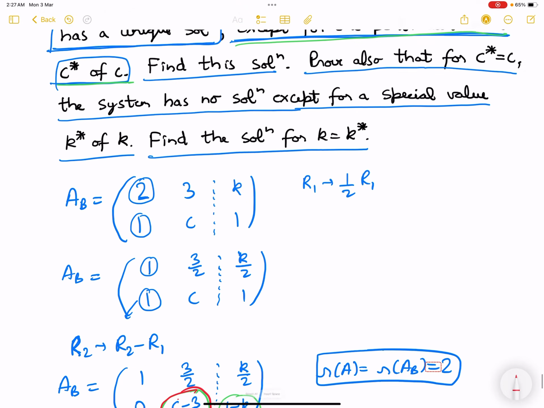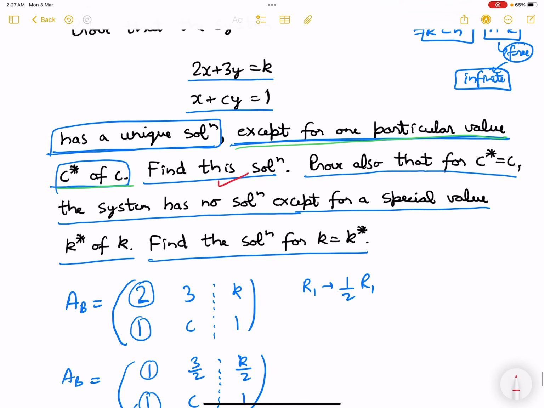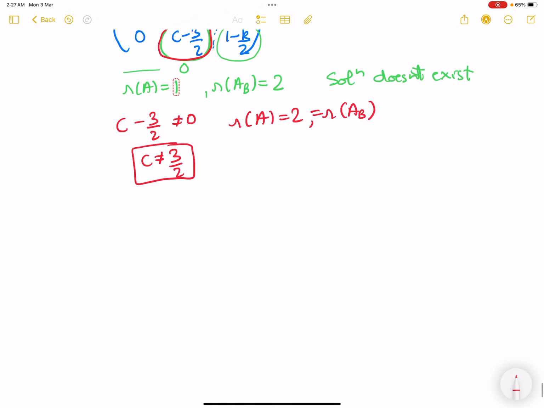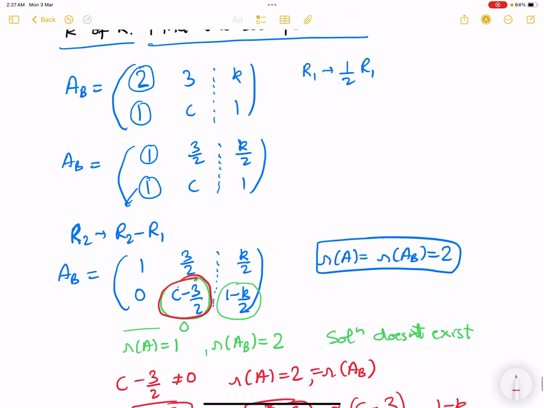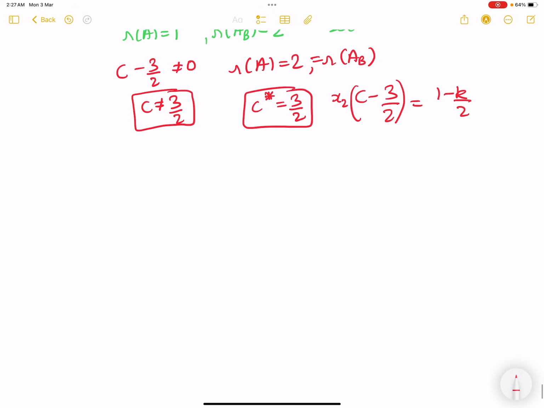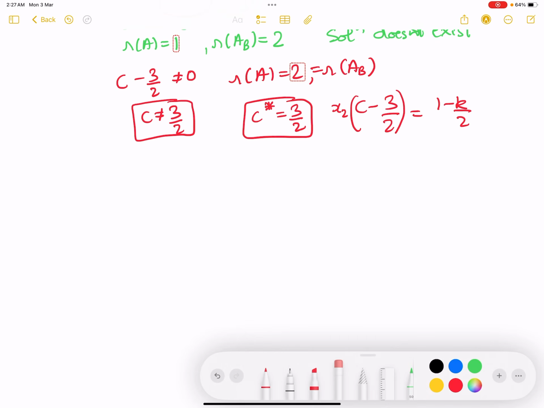And find this solution. So C star value is 3 by 2. So when C is not equal to 3 by 2, we'll have a unique solution. And the value of the solution would be, this equals 1 minus k by 2, so this times y. Sorry, this is not x2, this is y.